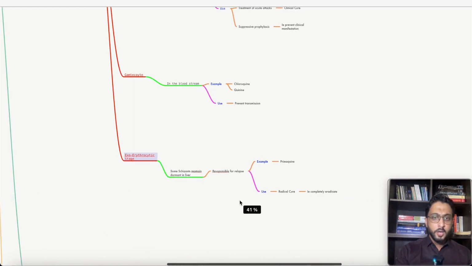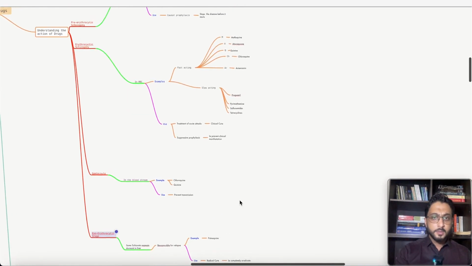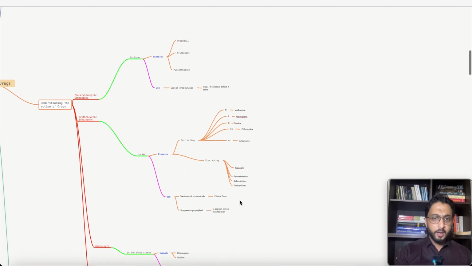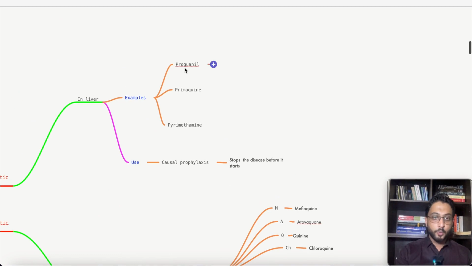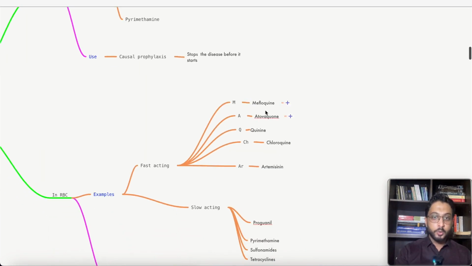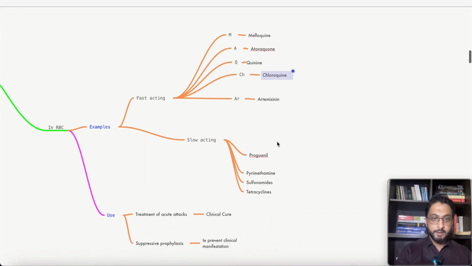exoerythrocytic state. So now see, if you know this classification, it's good. At least, as I've told you, at least know proguanil, pyrimethamine. Primaquine, you have seen this again. Again, you go to this organism: quinine, chloroquine, or remember the mnemonic, in the RBC, fast acting, slow acting, proguanil, pyrimethamine at least.